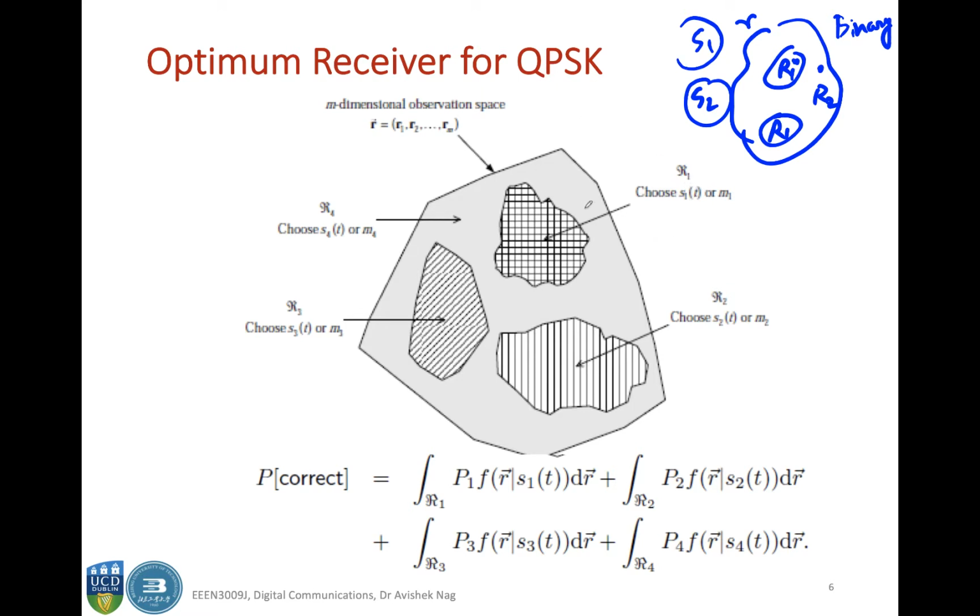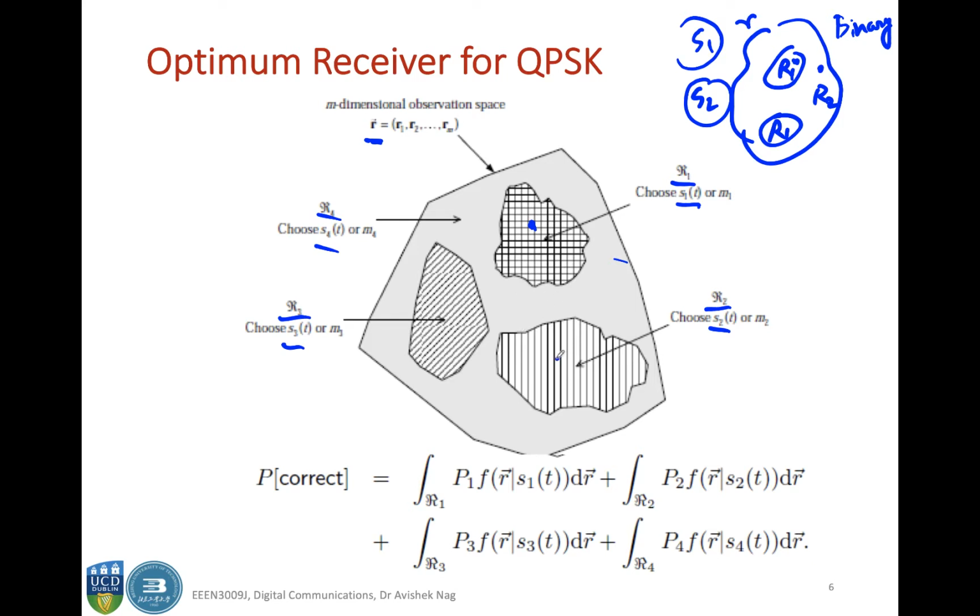In QPSK, we extend the same concept. We divide the signal space into 4 regions: R1, R2, R3 and R4. Each of these regions belongs to one of the 4 signals, S1, S2, S3 and S4. If your received signal falls into this region, then you decide S1 was transmitted.